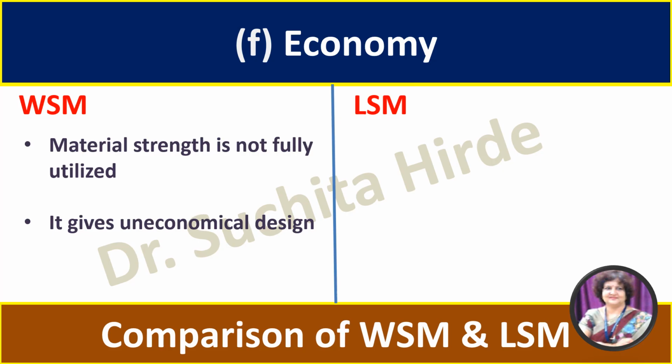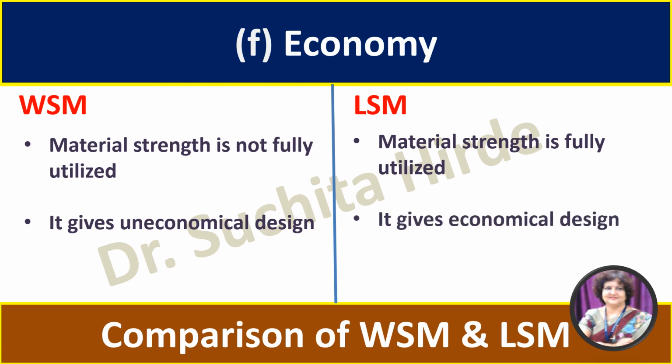Whereas the limit state method is based on elastoplastic behavior of the material, so material strength is fully utilized and therefore it gives an economical design. So design by limit state method is economical as well as serviceable, and therefore limit state method is preferred.